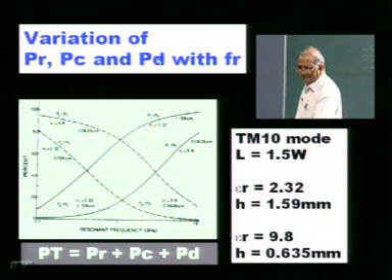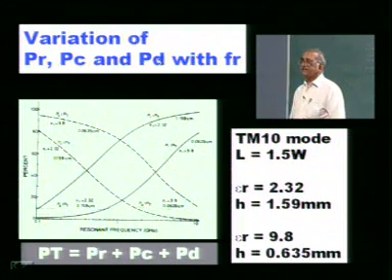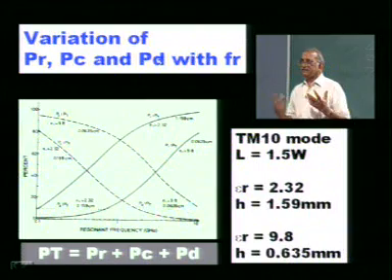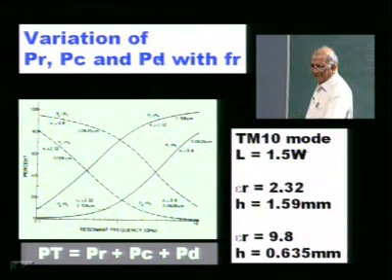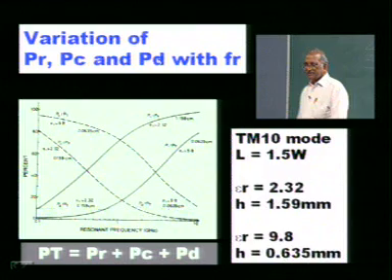And the dielectric which you are using is also a little bit lossy. So, part of it will go in heating the dielectric, and the less the value of PC and PD, the more is going to be PR. Now, it shows how to increase PR with respect to PC and PD.